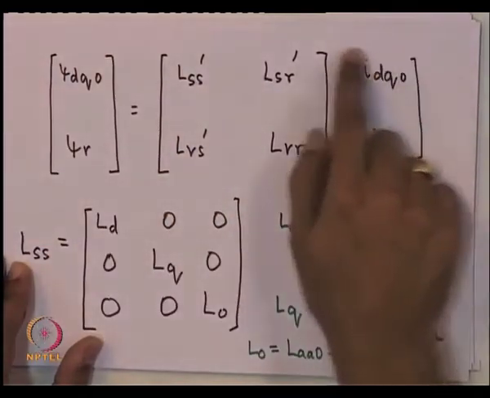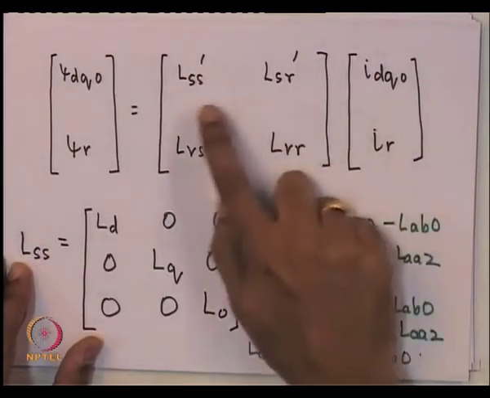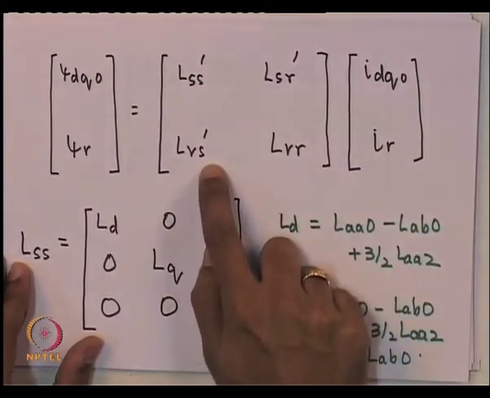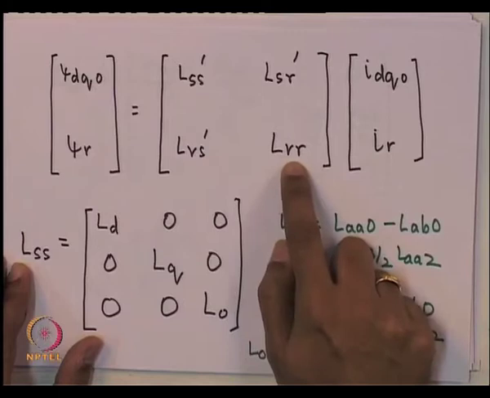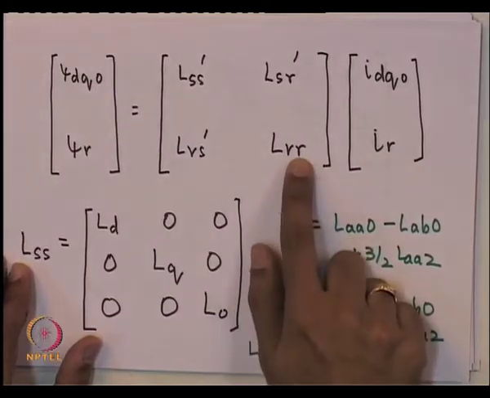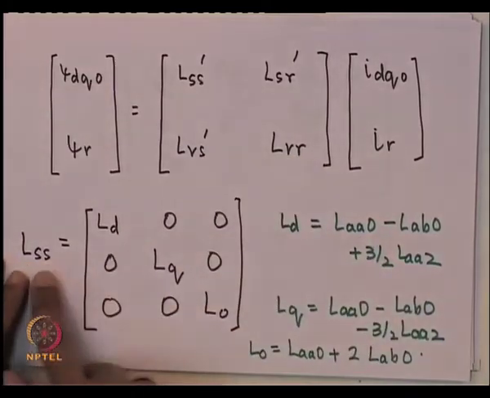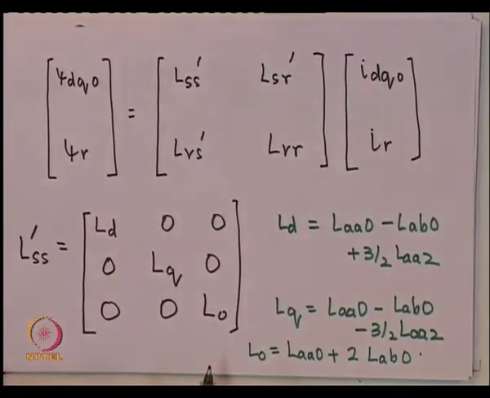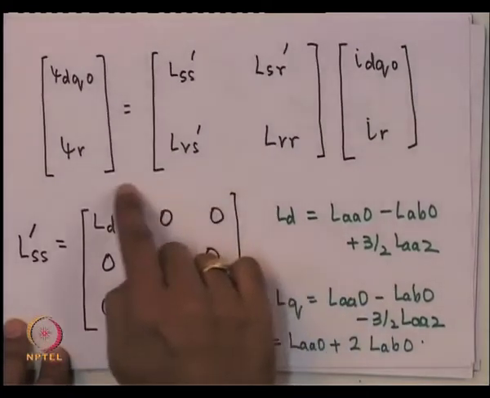If one evaluates the complete L matrix, one will find this new relationship, where I have called these LSS dash, LSR dash, RS dash and LRR. LRR of course remains unchanged. LSS dash turns out to be a diagonal matrix.